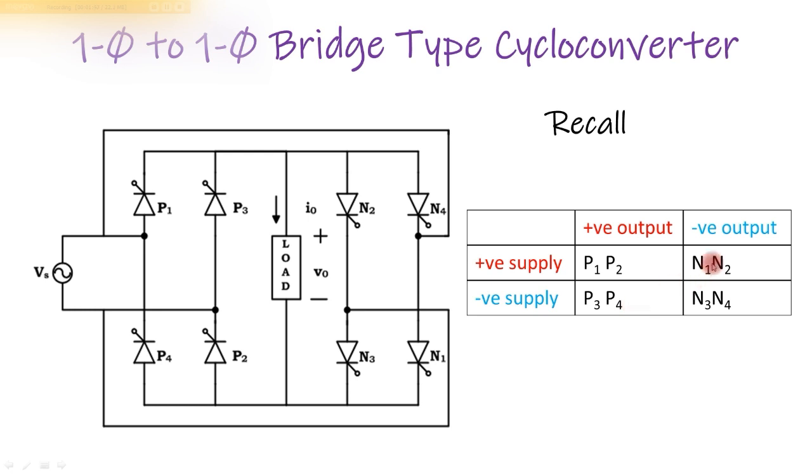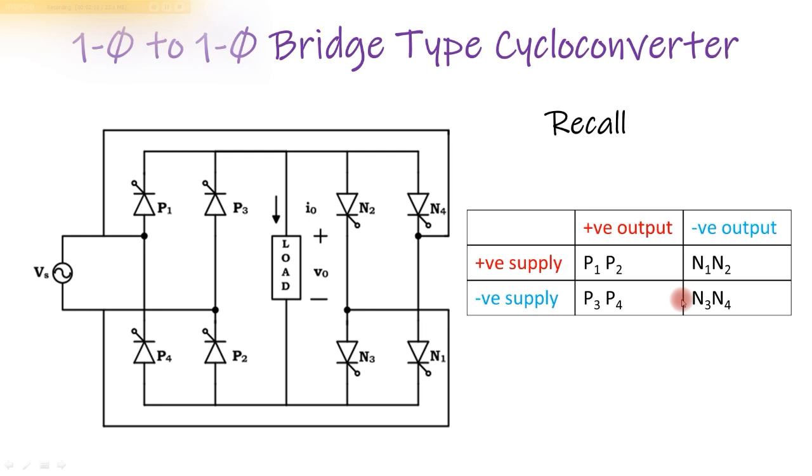And last, for negative output in case of availability of negative supply, N3 and N4 are active. So with knowledge of this firing, we can have step-up operation from this circuit.